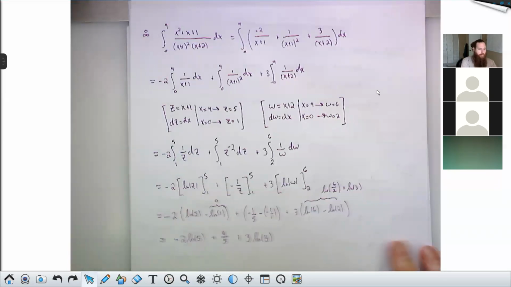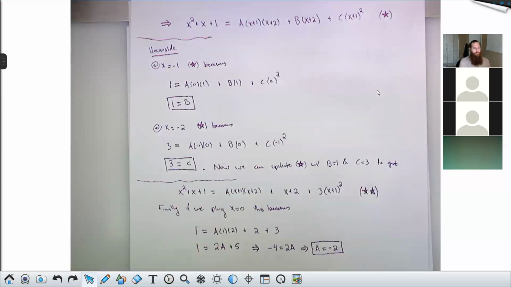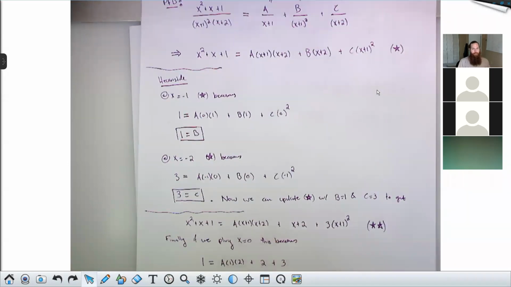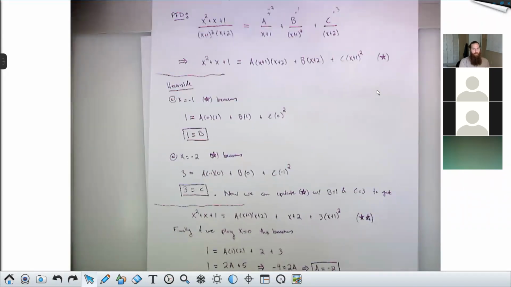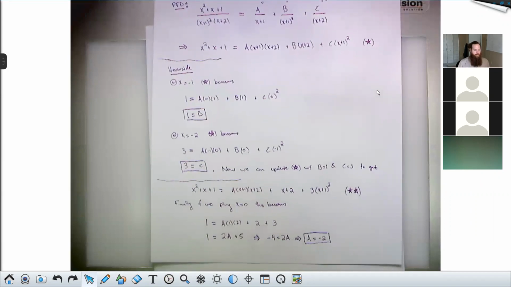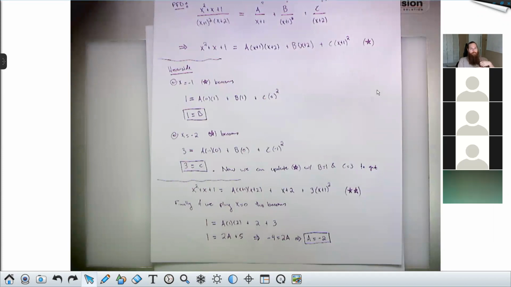Any questions on the partial fractions work itself? Can you go back to the final answer?